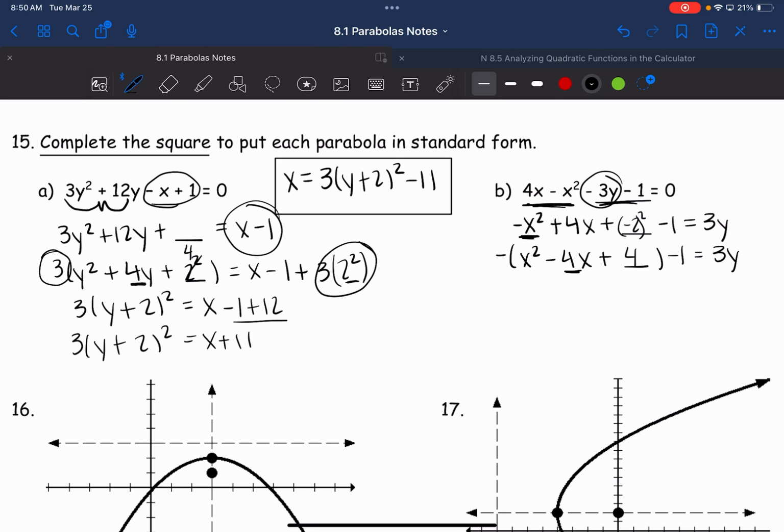So if I were to write this in factored form, it'd be x minus 2 quantity squared. Still has that negative lead coefficient that we pulled out in front. And then if you kept your -1, it's still over here on this side, equals 3y.